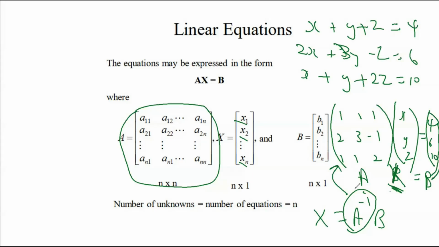Once you find that and multiply your inverse by B, that will give you X. So once you find A inverse, you multiply by B, and you will get your X here. And that's what you see here.